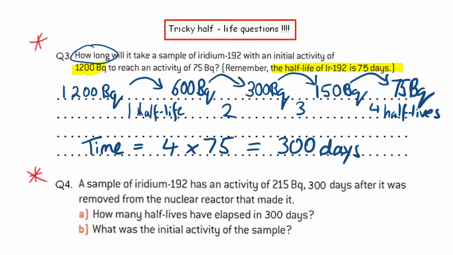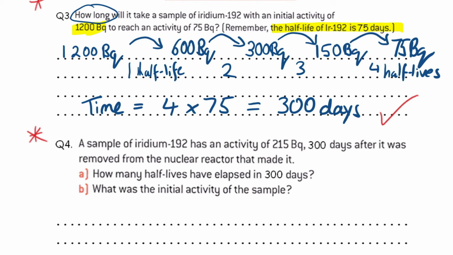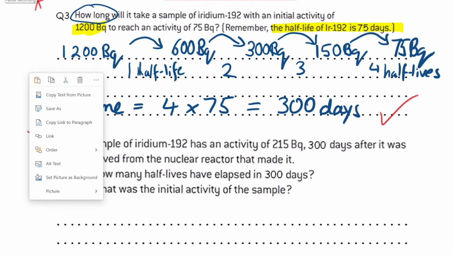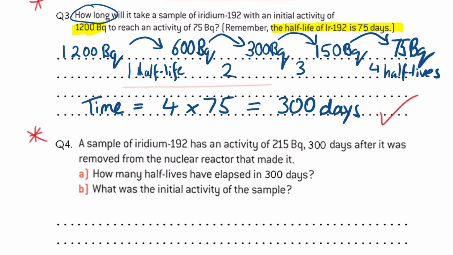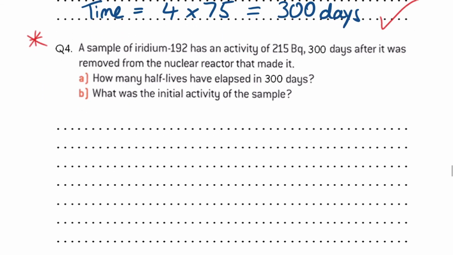Remember now, self-assess with a red pen, and make sure you use that method when you're answering these questions. A sample of iridium-192 has an activity of 215 becquerels 300 days after it was removed from the nuclear reactor.